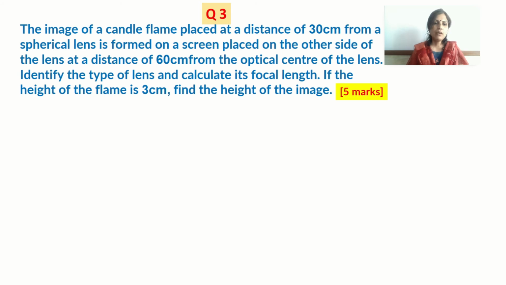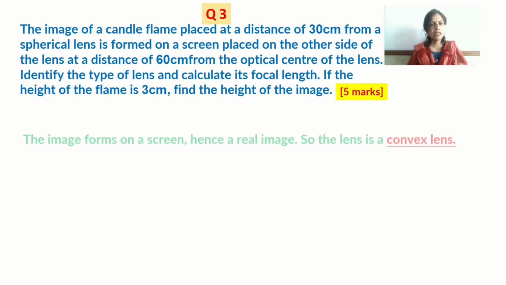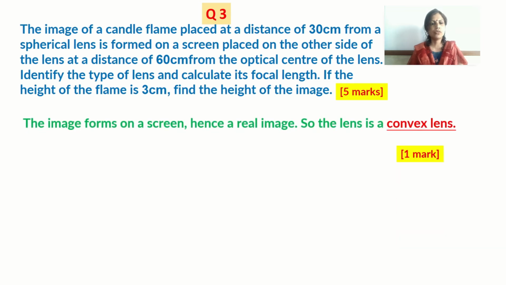If the height of the image is 3 centimeter, find out the height of the object. Very clear, children. Here the image is formed on the screen. That means it is a real image, and real images are formed by convex lens. So for writing this convex lens, 1 mark will be given to you.